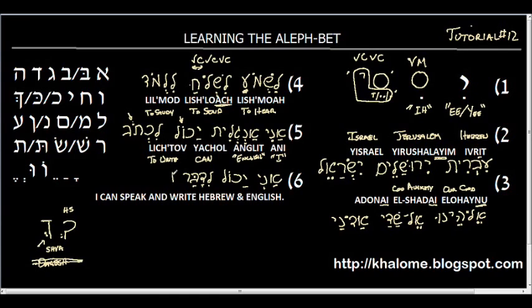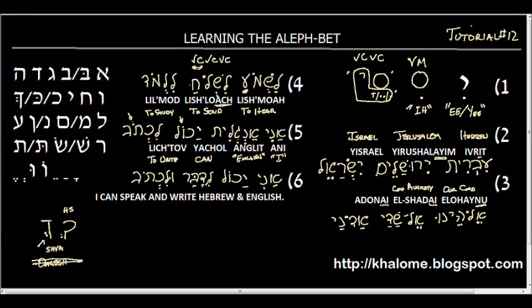And then we're going to say oo. Oo is going to be the conjunction and, and liktov, and this is just and write.